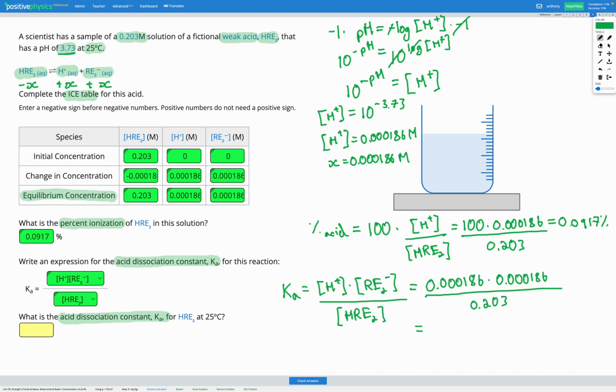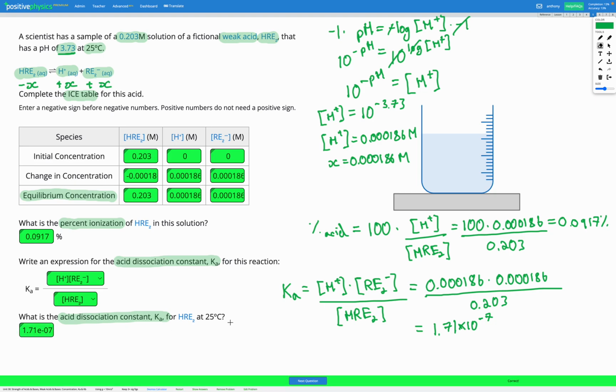So if we put that into our calculator, we're going to get a Ka value of 1.71 times 10 to the power of -7. So let's go ahead and fill that in. 1.71. Remember, on this platform, we write E instead of times 10 to the power of -7.